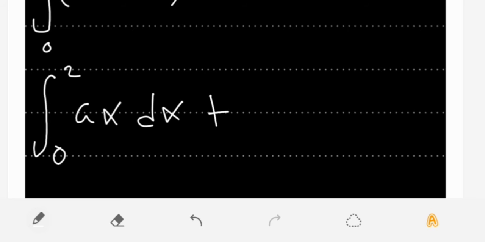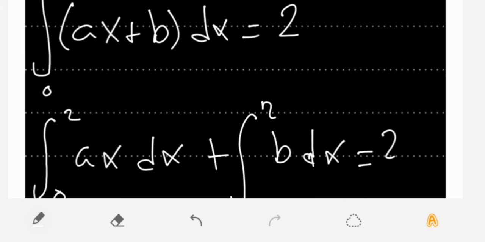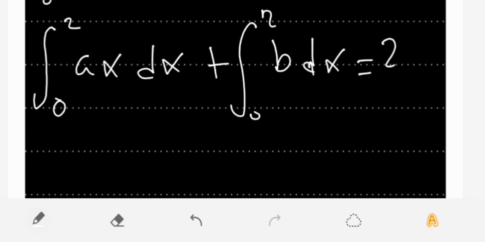So let's integrate. When you are integrating this, you can say the integral from 0 to 2 of ax dx plus the integral from 0 to 2 of b dx is equal to 2. Okay, we can separate them.